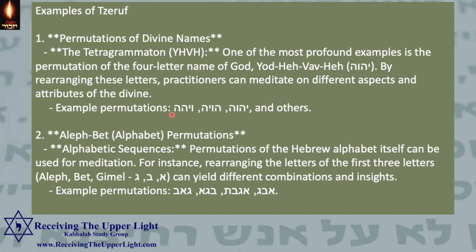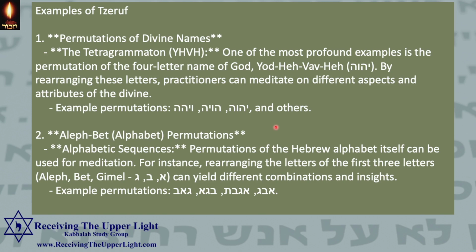For example, you can have the letters just like here, Yod, He, Vav, and He, and then you can change the order of the letters and meditate on the different aspects of these different changes of the letters in the Yod-He-Vav-He.